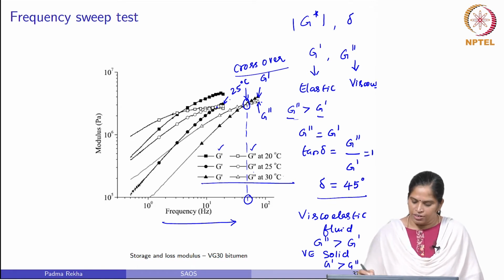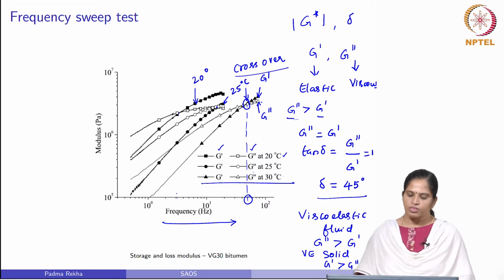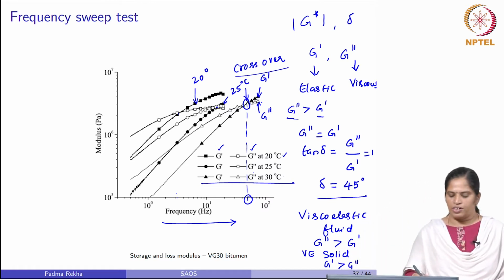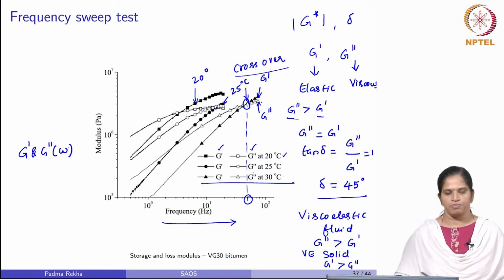At a still lower temperature, 20 degrees Celsius, the crossover occurred at a still lower frequency. So, the modulus values, G prime and G double prime, depend on frequency.